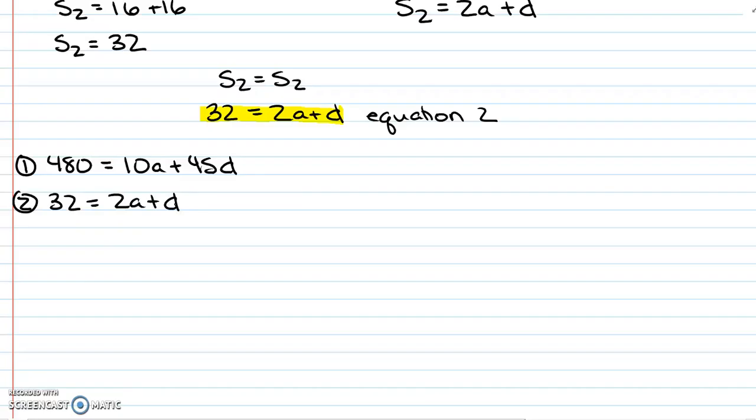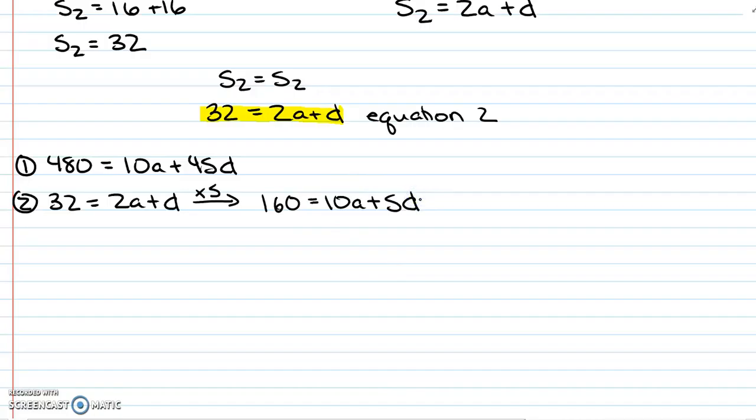With these two equations, both with two unknowns, we're going to use elimination. So we need to multiply the second equation by 5. So 160 is equal to 10a plus 5d.